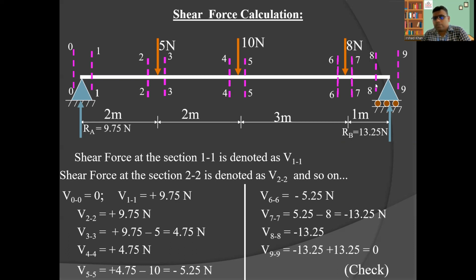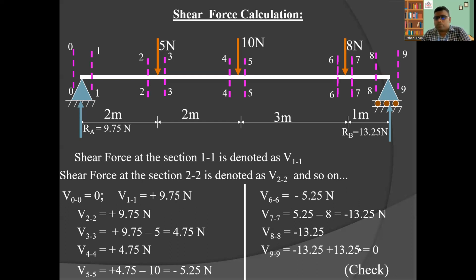And coming to section 8, it will be the same as the shear force at section 7; section 7 and section 8 both are the same. So you can keep this same value. At section 9, this one is a plus, because it is located downward to upward on the left side.